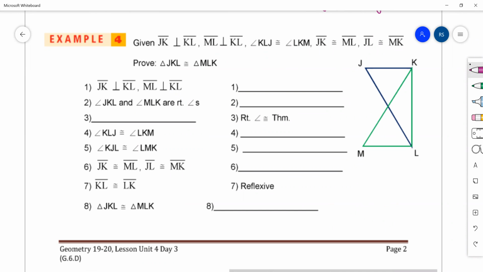Okay, so it again asks us to prove triangle JKL, which is the one you see in black, is congruent to triangle MLK, which you see in green. So it's fill in the blank, just like the last one was.